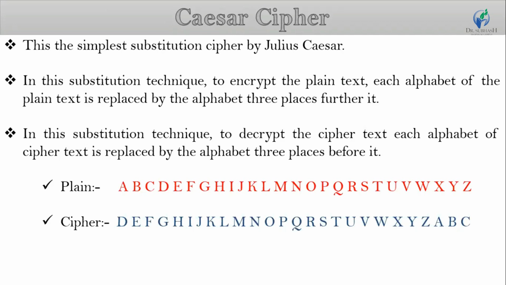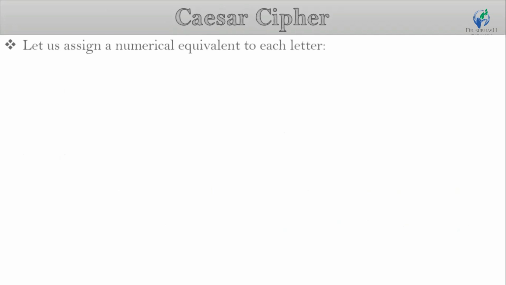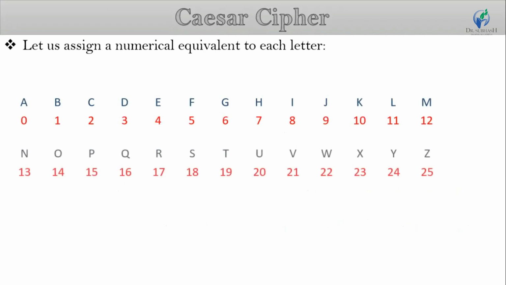C. So in Caesar cipher, where plain text goes from A to Z, based on that plain text we have chosen ciphertext from D to C. Let us assign a numerical value to each letter of the alphabet A to Z. In digits, they start from 0 to 25.